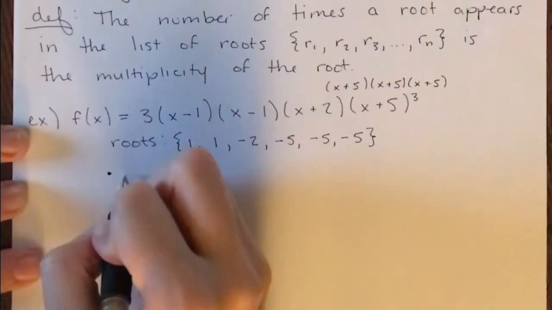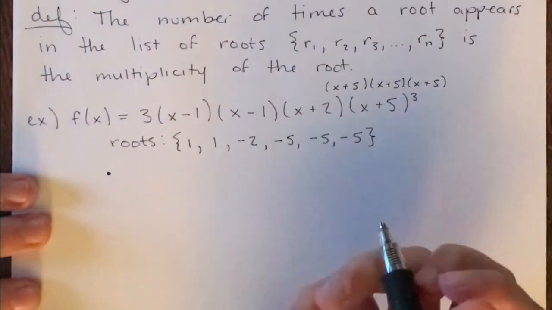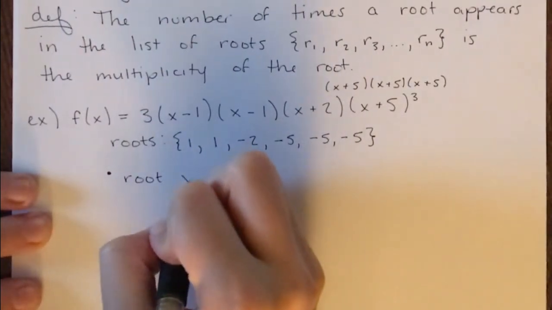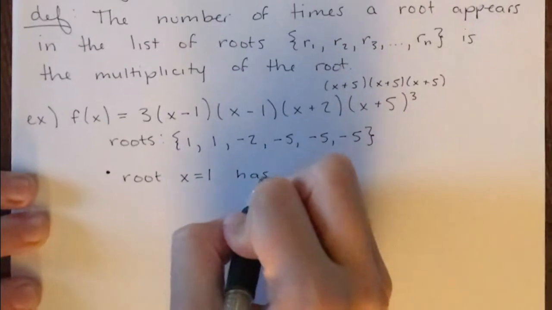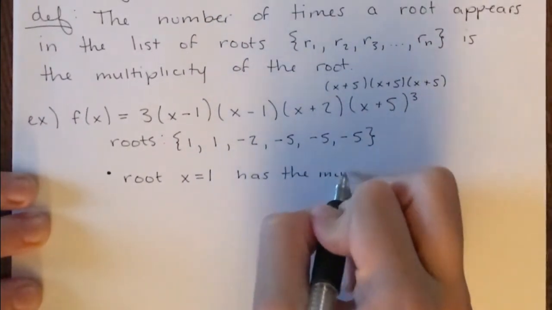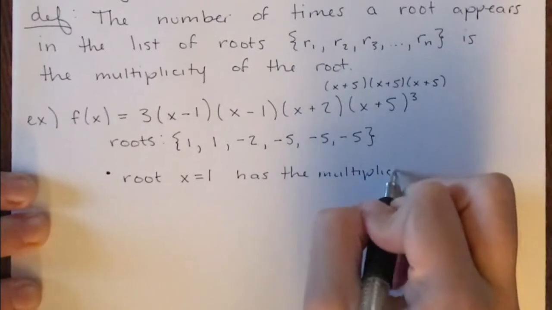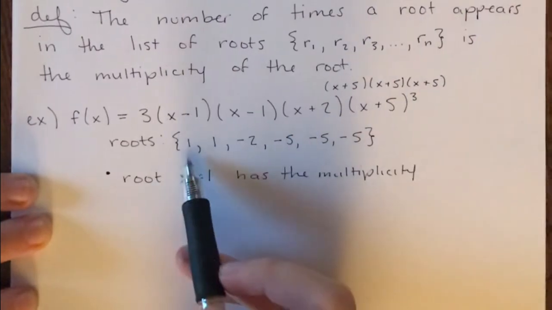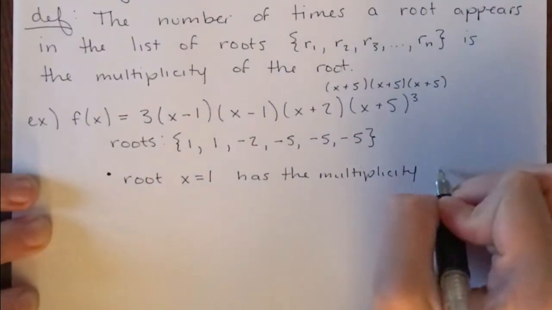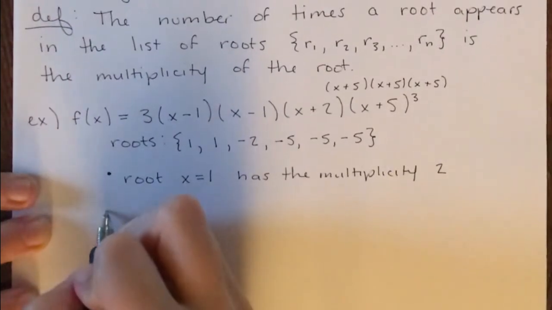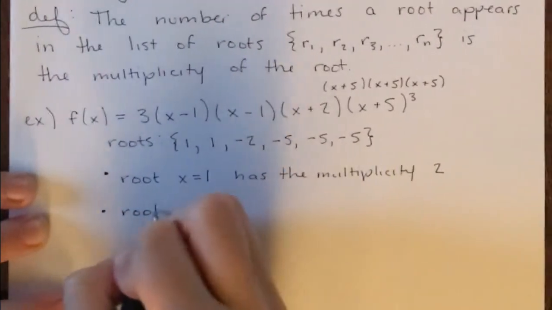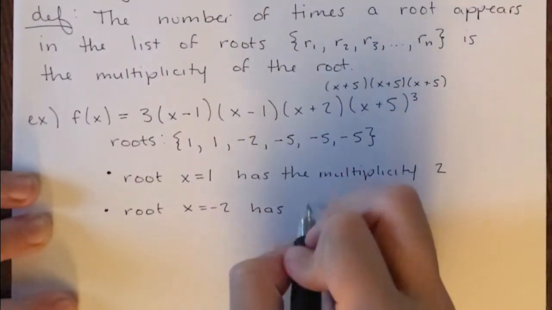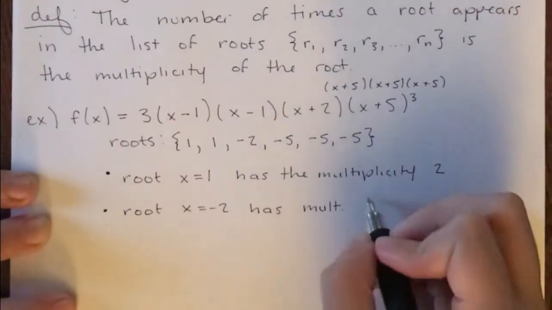So how does this tie in with multiplicities? Well, let's find the multiplicity of each root. So the root at x equals 1 has the multiplicity what? Well, how many times does it show up in this list? 1, 2, twice, right? Has the multiplicity 2. Root x equals negative 2 has multiplicity, I'm going to shorten it, what?